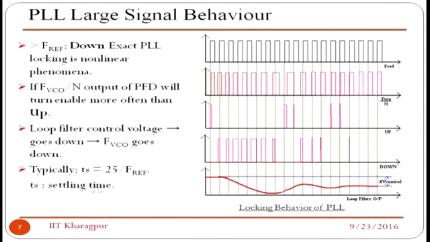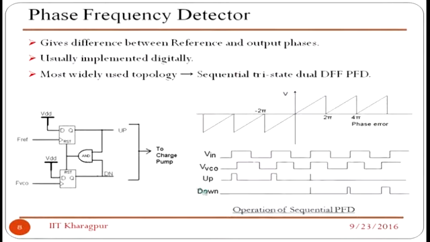That will essentially charge my capacitors, and that is the charging profile of the capacitance, which is fed from the filter to the VCO to control its frequency.